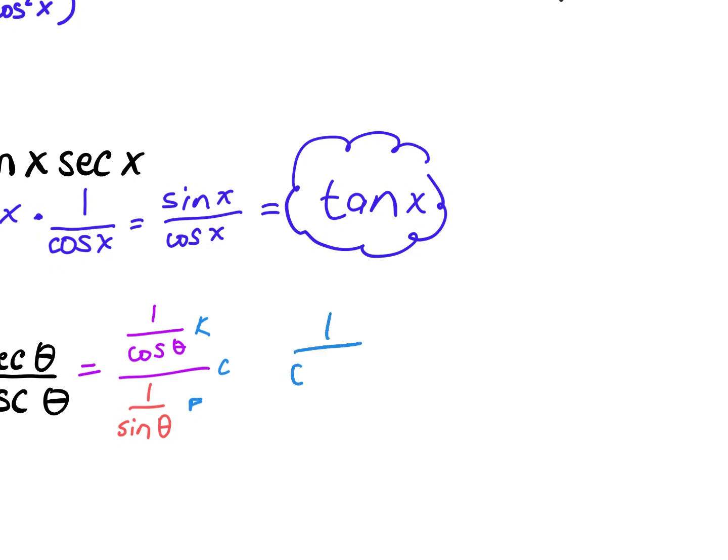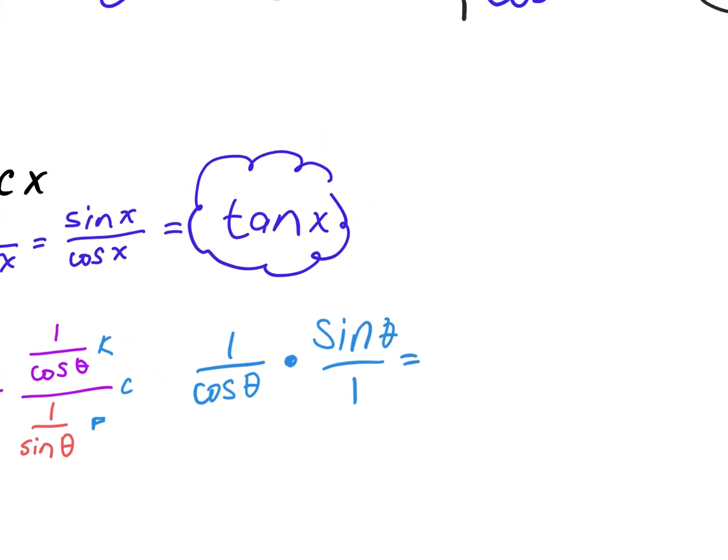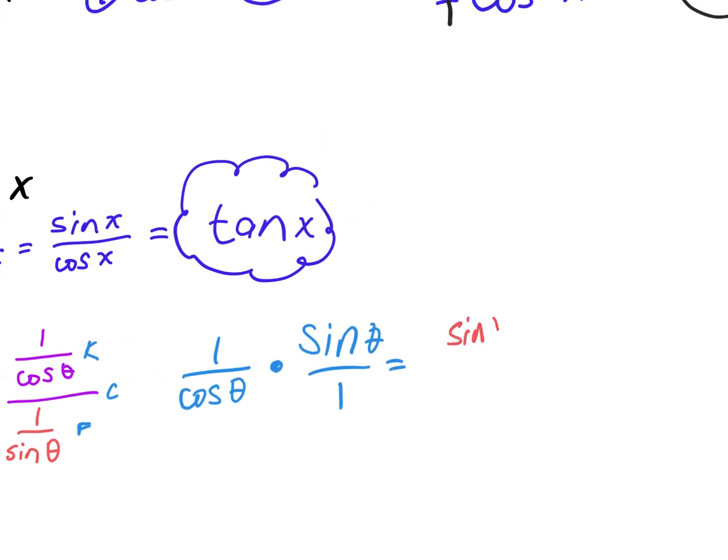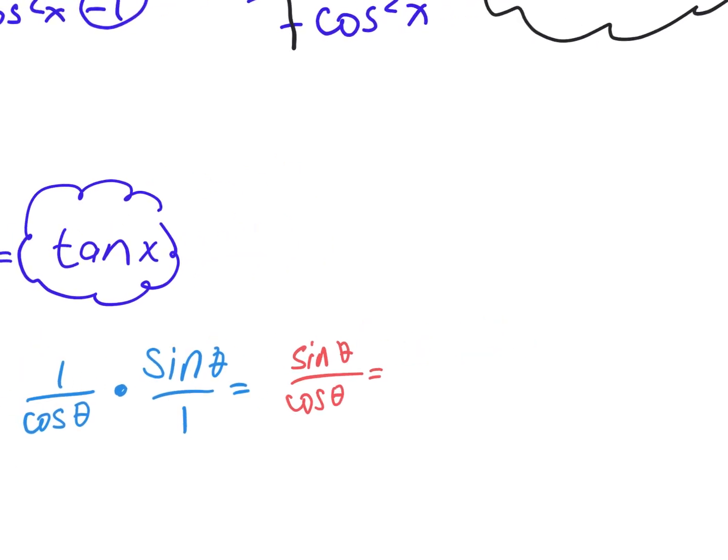So 1 over cosine theta times sine theta over 1 equals, well, when we multiply those together, I get sine theta over cosine theta, which equals tangent theta. Good job.